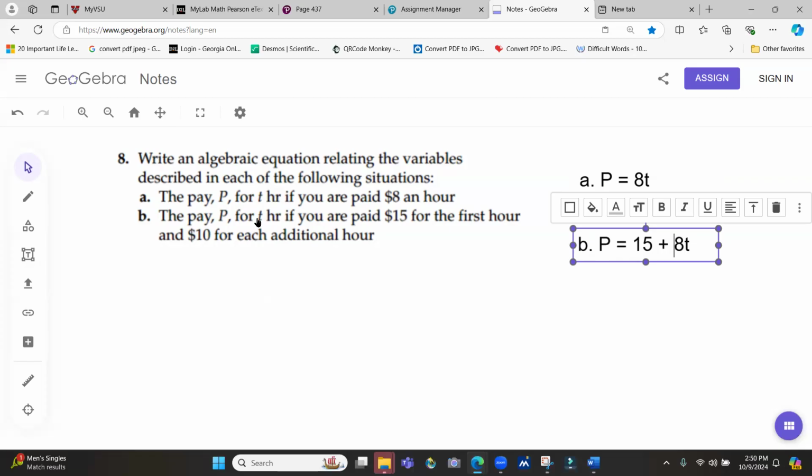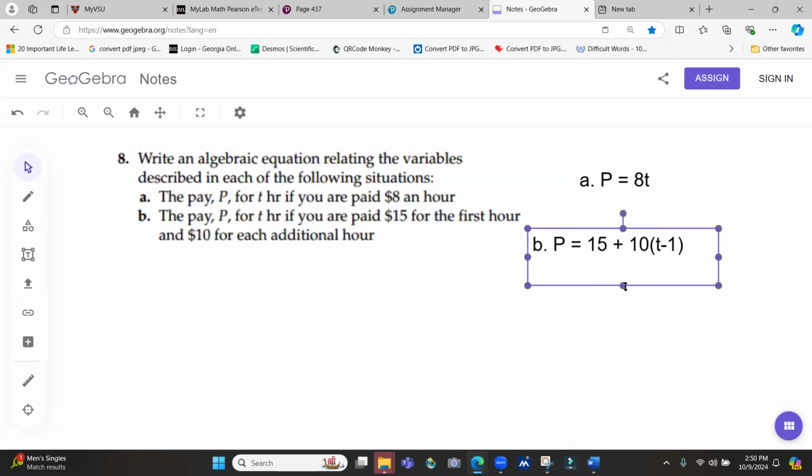You already got $15 for the first hour. How many more hours do you have left? T minus 1. And don't forget that. Take a look, guys. B is a little tricky. You make $10 for T minus 1 hours.